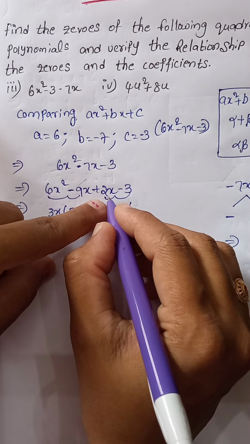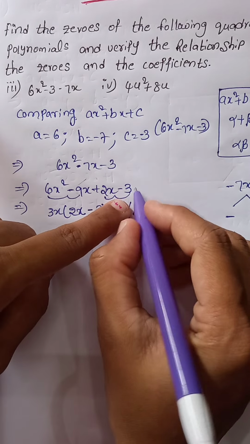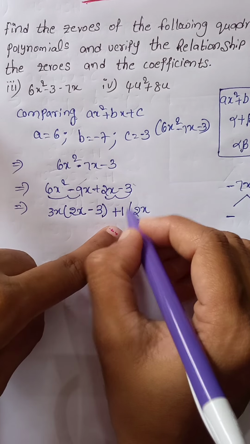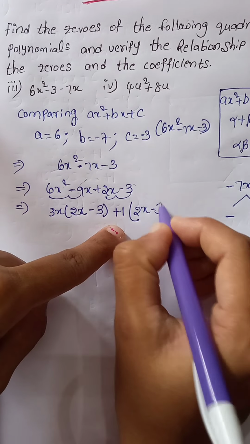If 1 is common, we are left with 2x minus 3.